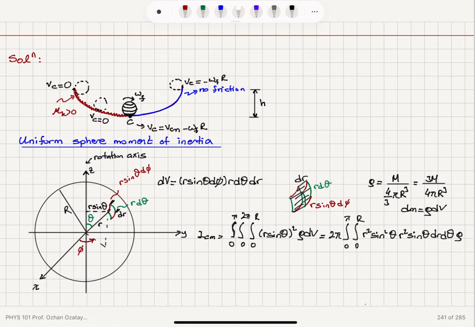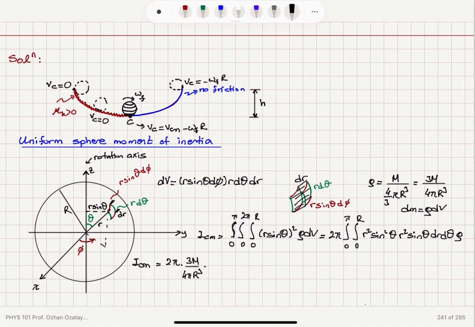So you can see that I have r squared sine theta d theta d phi dr, but I have evaluated the phi integral already. It gives me a factor of 2 pi. So the moment of inertia is going to be 2 pi times rho, which is 3M divided by 4 pi R cubed.